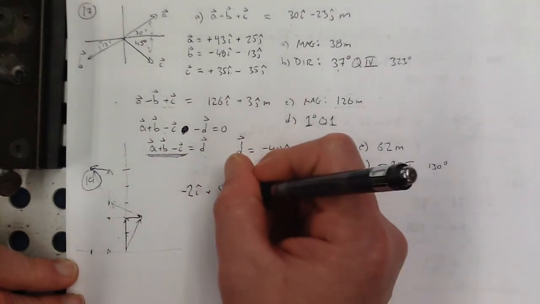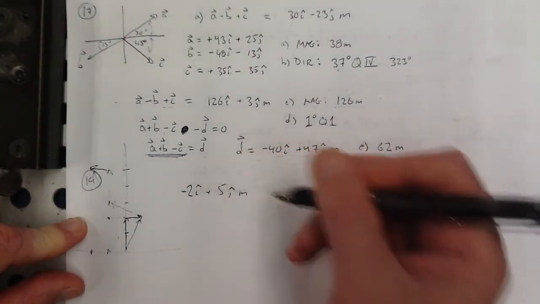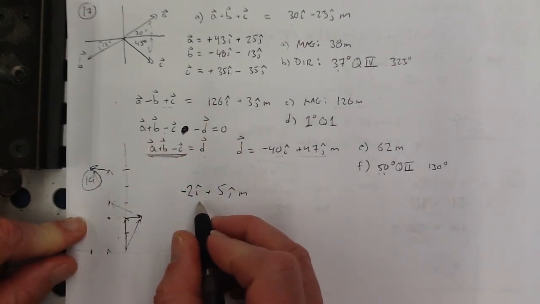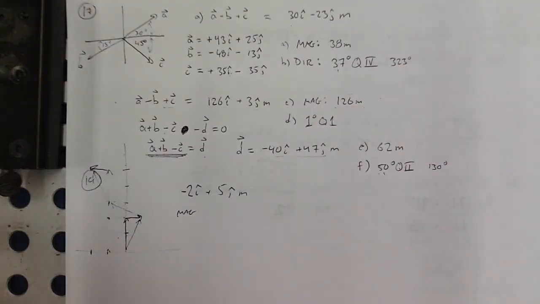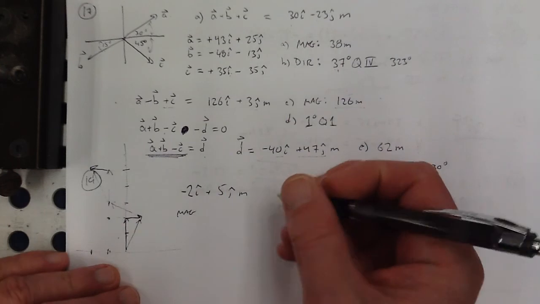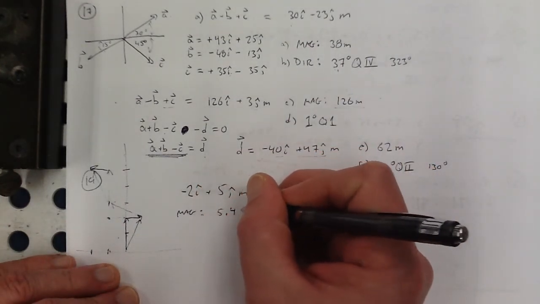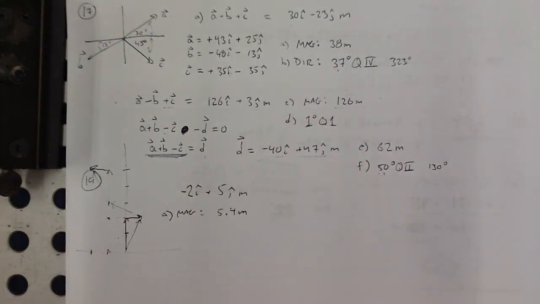So plus 5j. And this is meters, because that's what the scale is of this. And magnitude would then be 5.4 meters. I think that's the answer for part A.